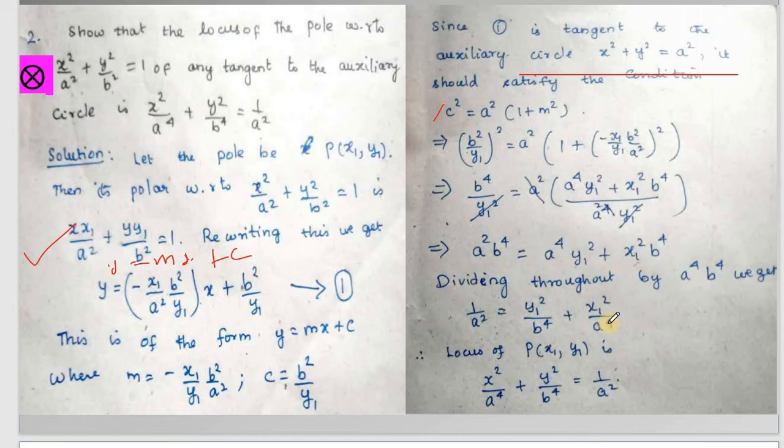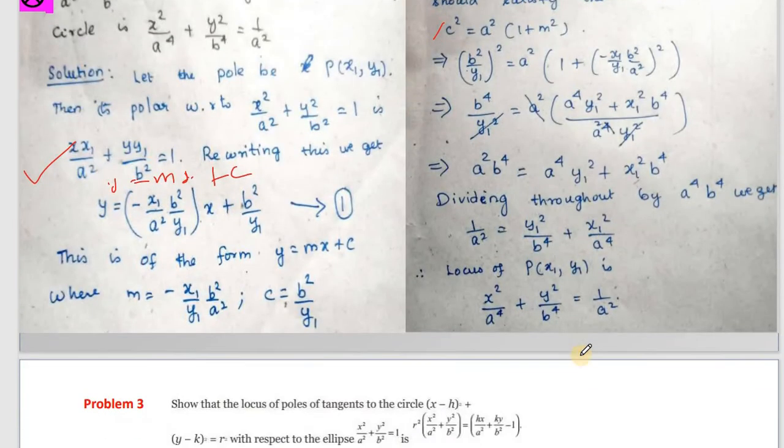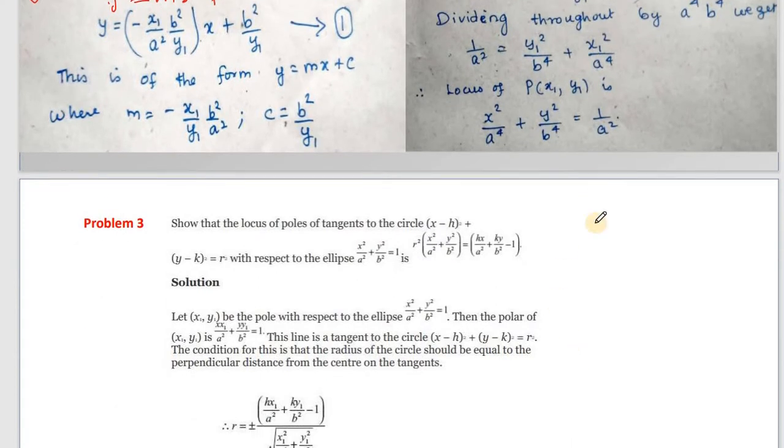And to bring it to the standard form, we are dividing throughout by a power 4, b power 4, so that here 1 by a square, and here 1 by b power 4, and here a power 4. Then therefore the locus of P (x1, y1), just drop the suffix and get the locus.